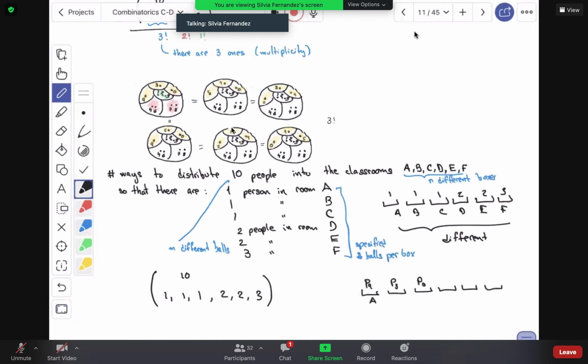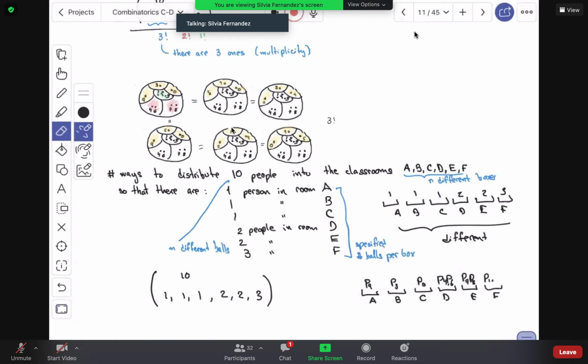Person 9, the 9th person goes to room A, the 3rd person goes to room B, the 0 person goes to room C. You see, 4 and 6 go here, and 7 and 8 go here, and 1.